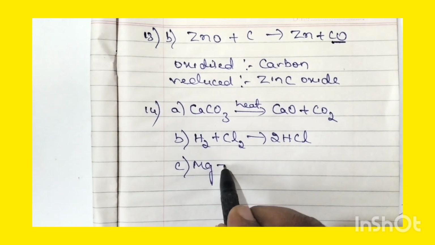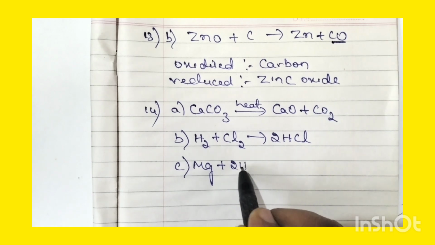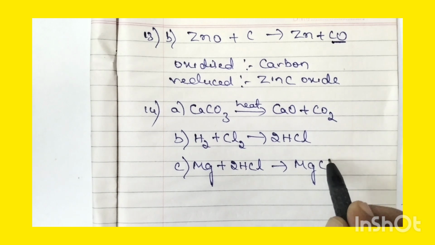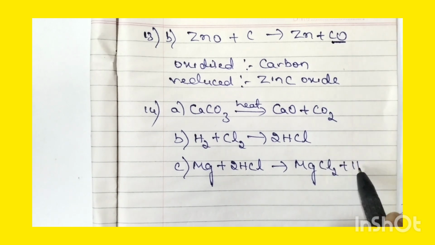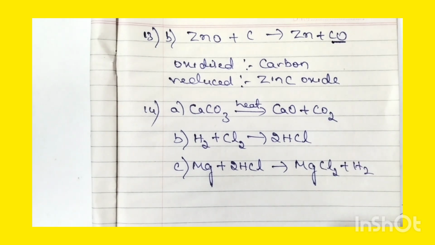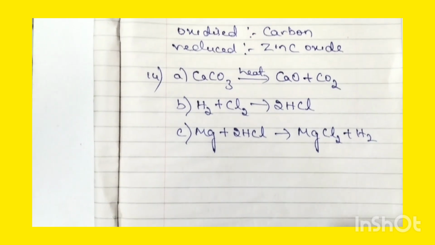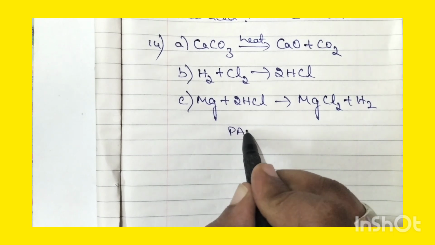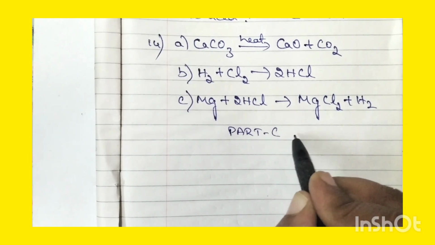Magnesium plus hydrochloric acid gives magnesium chloride, MgCl2, and liberates hydrogen. So these are the three chemical reactions which have been balanced. By this we have successfully answered all the questions related to chemistry.